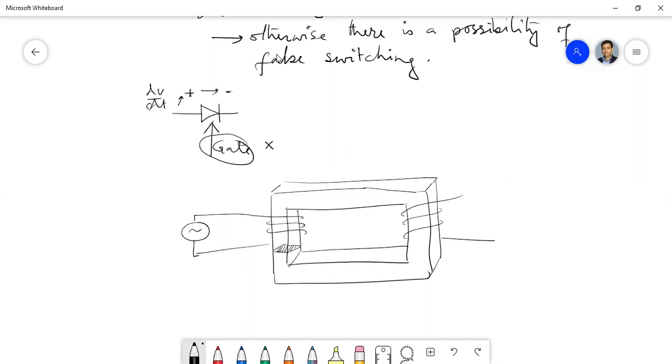So what is the voltage? Voltage is almost equal to the input voltage, generally almost equal to the induced EMF. It's a sinusoidal waveform, isn't it?